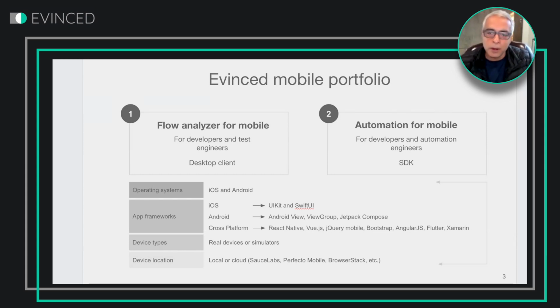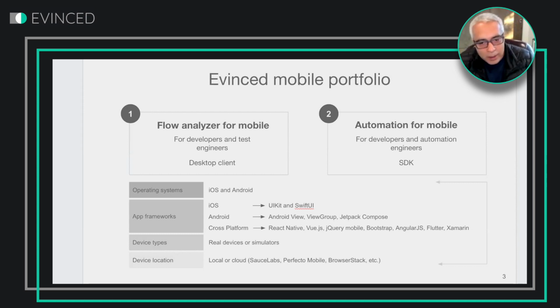And we wanted a way for enterprises to take that investment that they've made in UI testing for mobile and also get accessibility insights from that, to maximize the value of the investment they're already making. So if you have this battery of tests for UI testing for mobile, what if you could take that and also automatically get as many accessibility insights as you can? That's the goal of the second product, which is around automation for mobile.